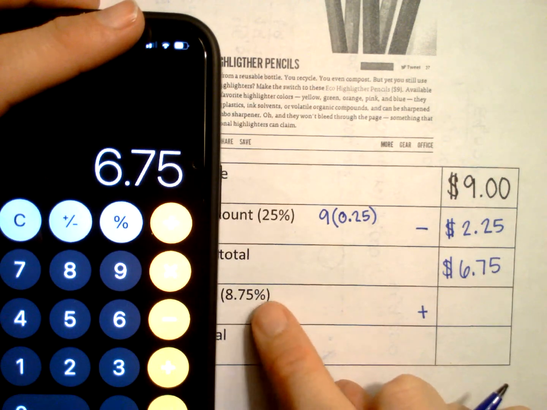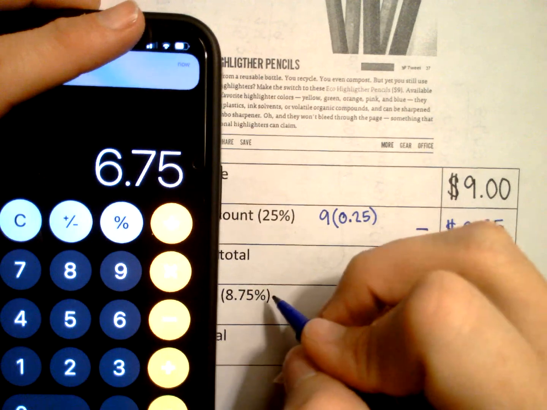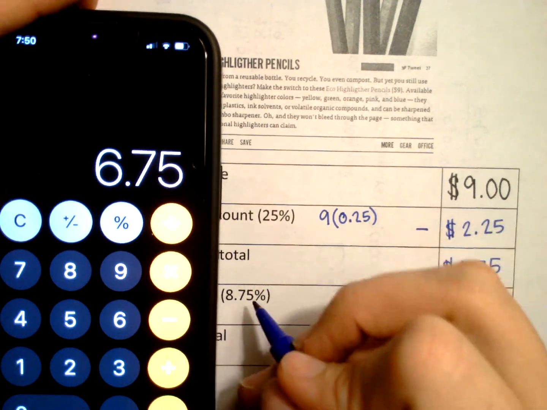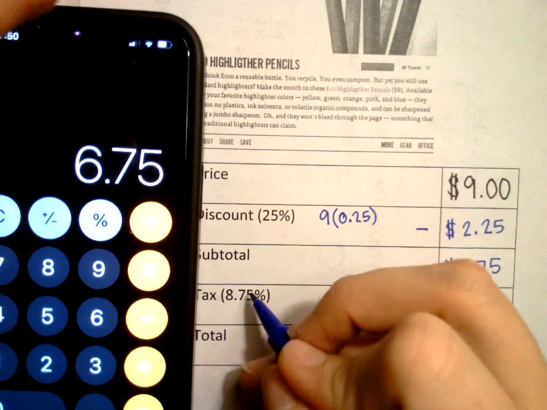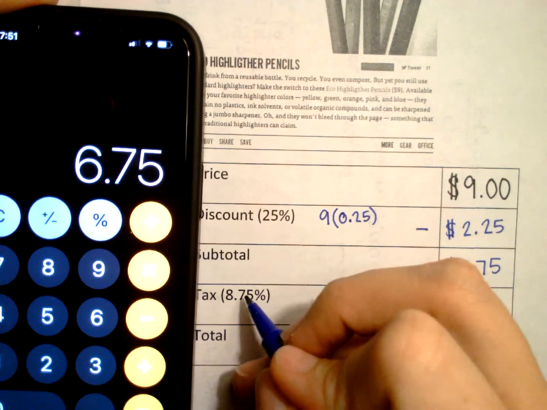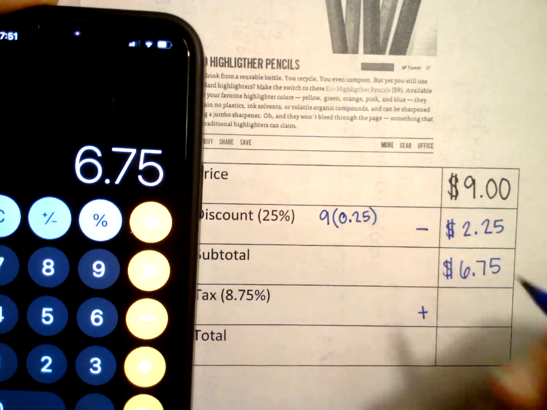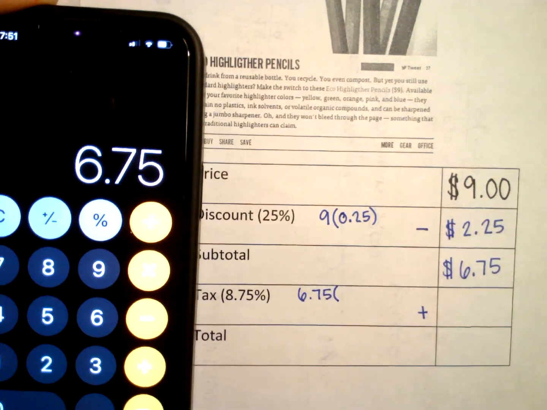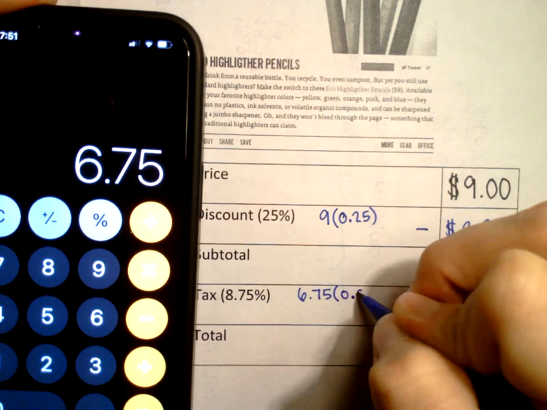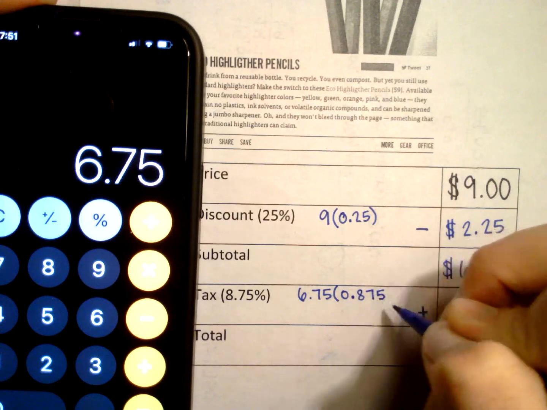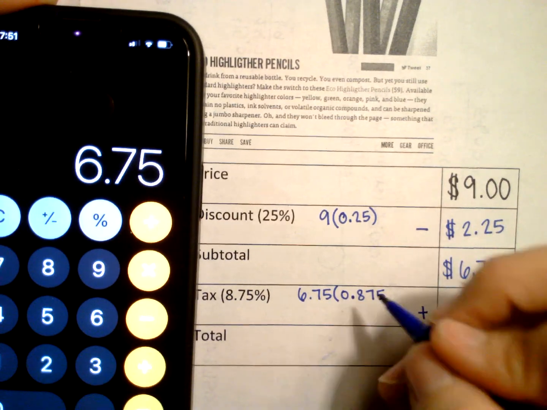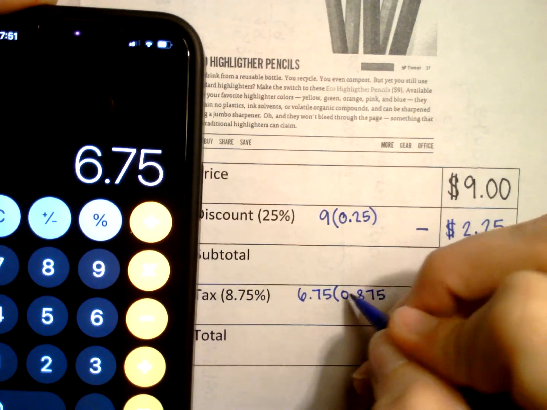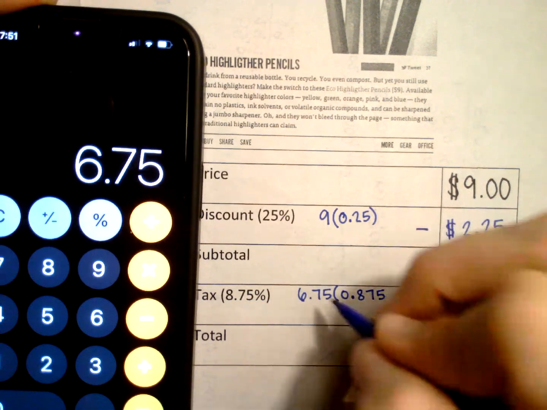But I have to tax it. Just as a reminder, when I go from my percent to decimal, I'm going 2 places to the left. So I have 675 times 0 and 875,000. No, I wrote that wrong. Sorry.